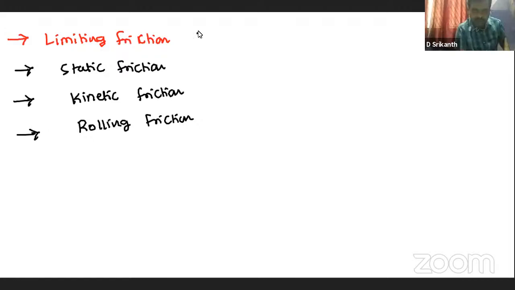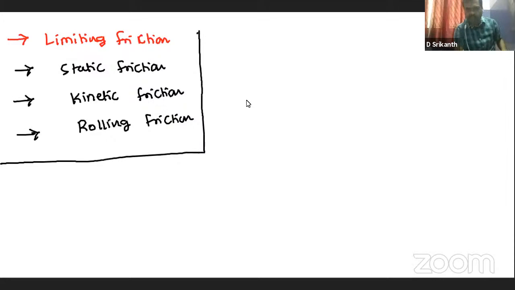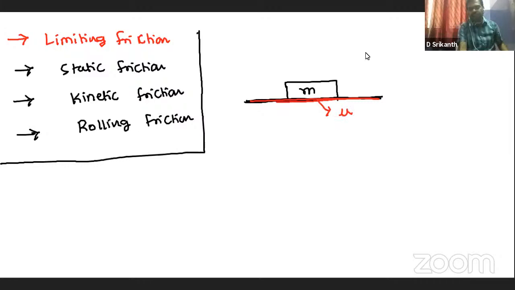Here we are having the types of friction. Before the types of friction, here we discussed that whenever an object of mass m is placed on a horizontal surface, such that this surface is a rough surface having a coefficient of friction mu.